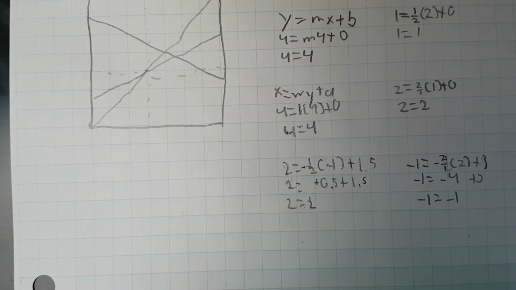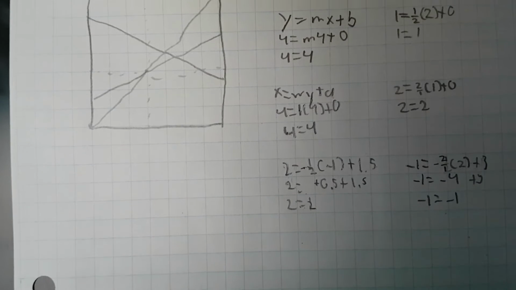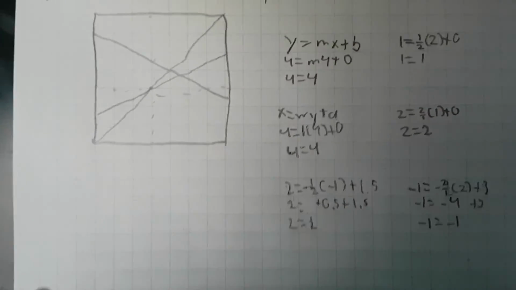So theoretically, I should be able to draw the line. Let me move this down. There we go. I should be able to draw the line on the graph based on the points I give it. I can't give it the intercept because I would need both intercepts. But I can use 2 points and figure it out.